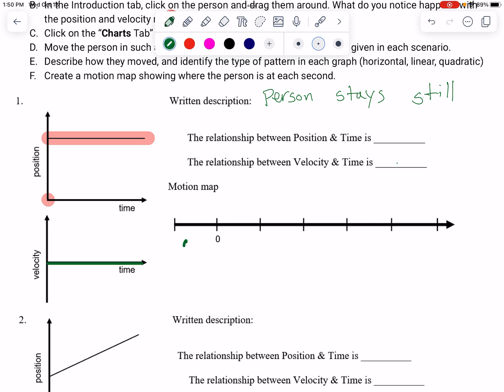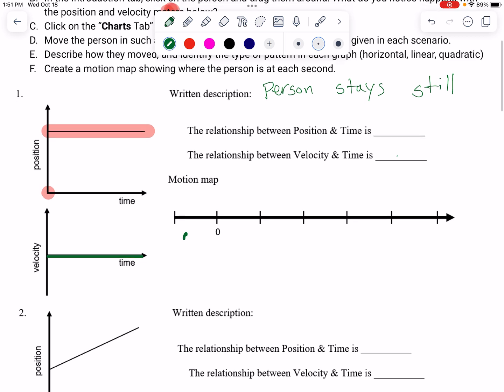Because when I look at the position graph and I look at what I did to the person to make them match that graph, I notice that the pattern in our position time graph is horizontal. Which also means that if the person is staying still, their velocity is also 0.